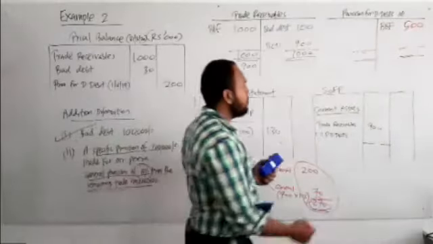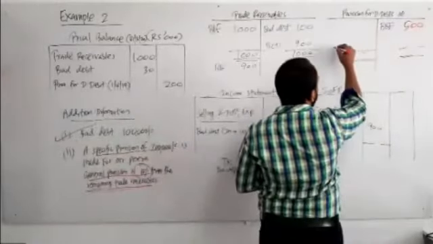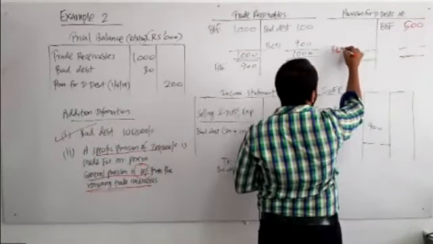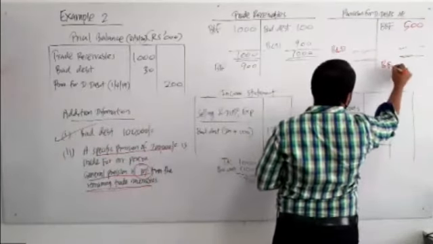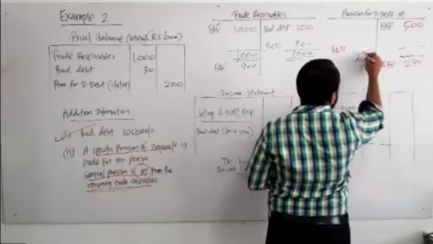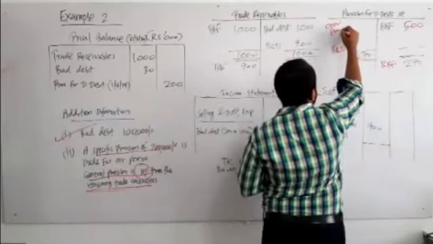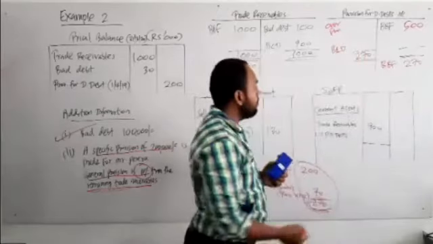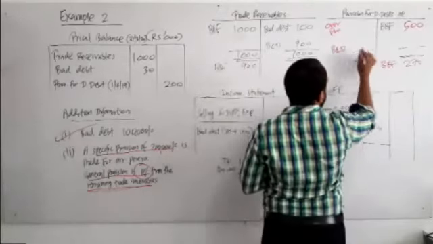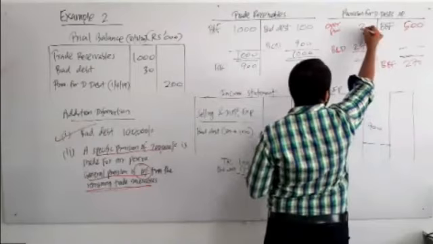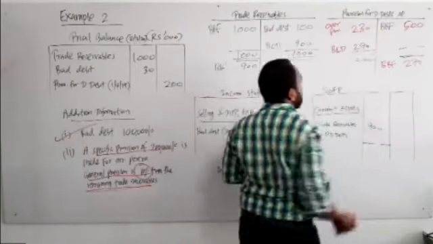How much is the over provision? Your balance should be 270. That should be the balance. The difference will be the over provision. How much is the difference? 230.